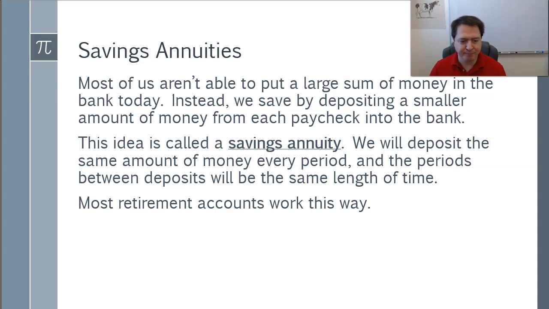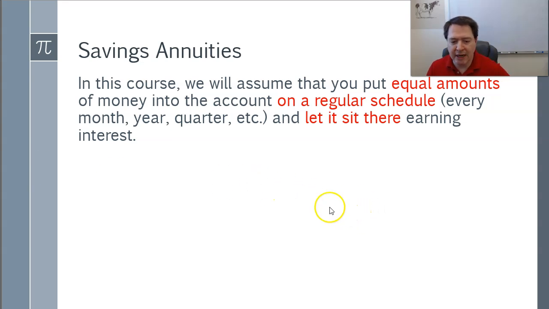Okay, so in order for it to truly work as a savings annuity moving forward, we're going to need to make 3 assumptions. The first 2 are the ones I was just talking about. Our payments stay the same every time, and they stay on a regular schedule. In other words, I don't skip any months or weeks. If I say I'm going to put in $100 every month, it stays $100 and it stays every month, right?